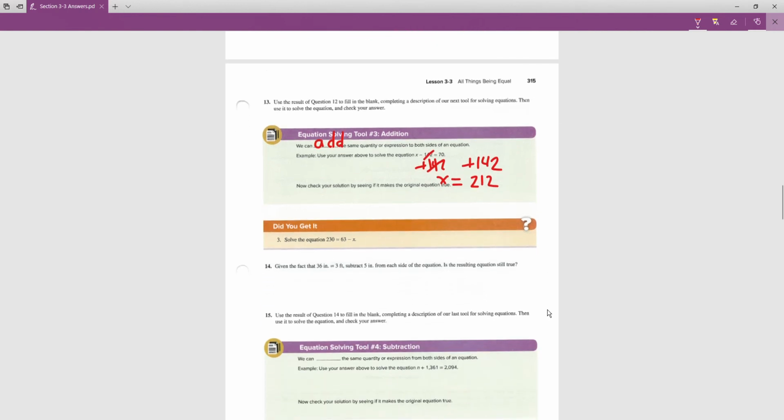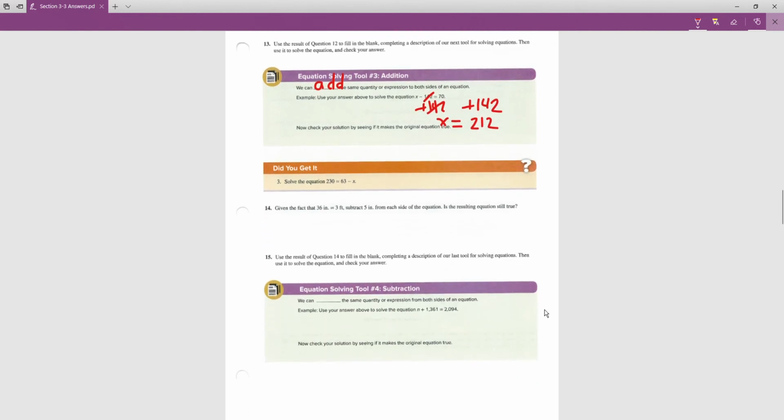Question 14, we're going to be exploring maybe some subtraction here. So given the fact that 36 inches is equal to 3 feet, we want to subtract 5 inches from both sides of the equation and see if that still comes out to be true. So again, this is the same quantity from both sides, not just the number 5, but the quantity 5 inches. So if I subtract 5 inches from 36, I'll get 31 inches on the left.